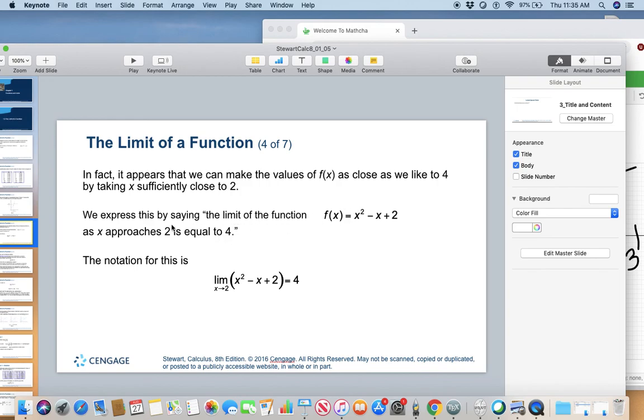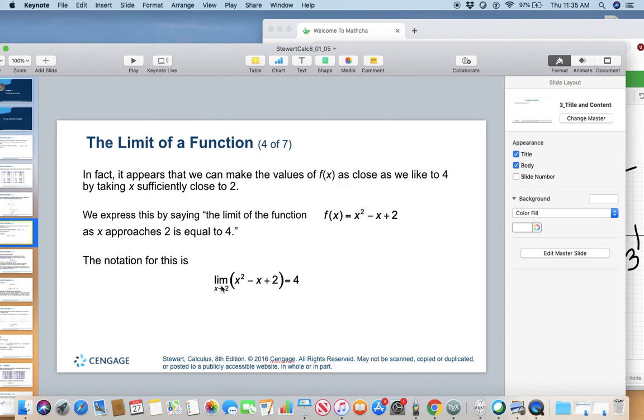So instead of writing all of this, you have a quick way of writing: lim as x approaches 2 of f(x), that is x squared minus x plus 2, is equal to 4.